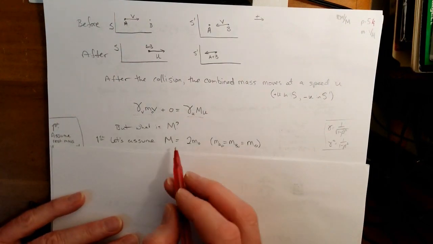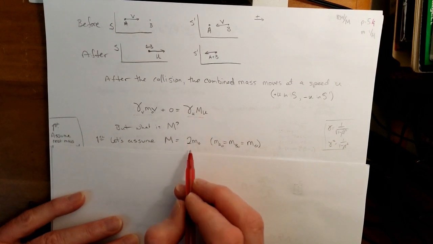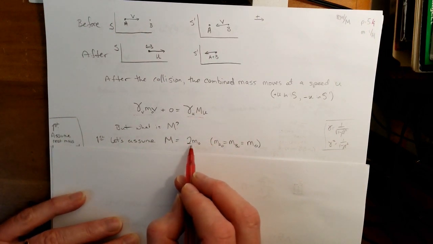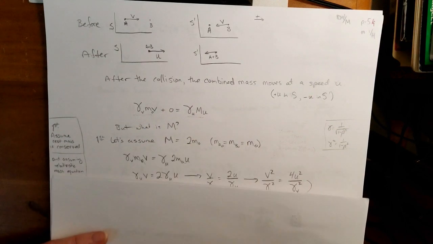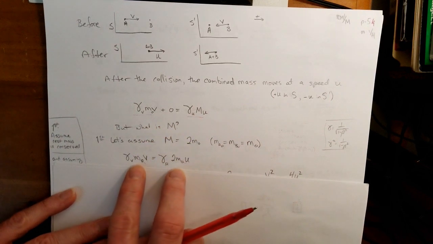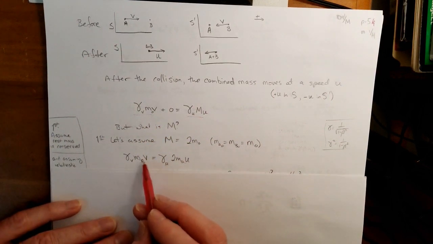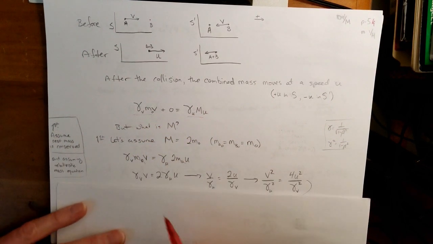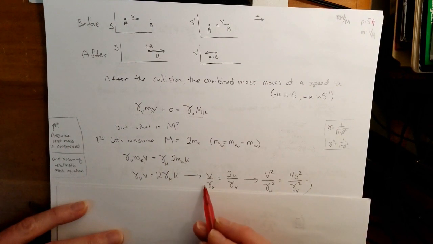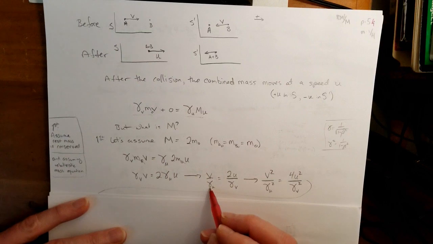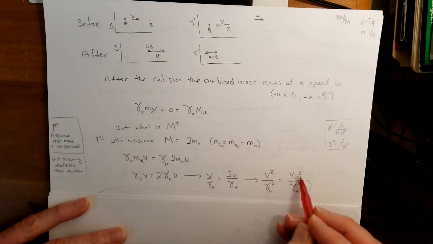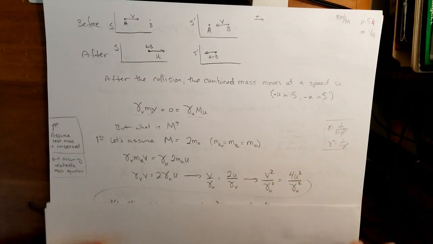If we assume that the big mass here is just the sum of the two rest masses, that's the assumption that the rest mass is conserved, and this equation becomes this, and m sub naught cancels out. So I have gamma sub v times v is equal to 2 gamma sub u times u, and so v over gamma u is equal to 2u over gamma v. Square both sides, we get this.